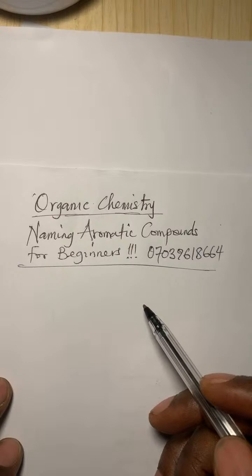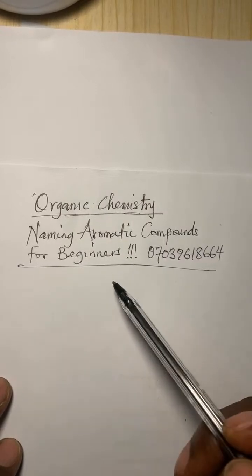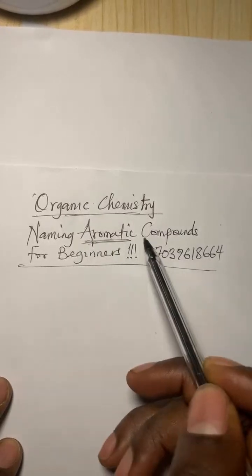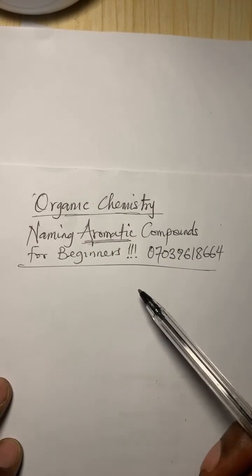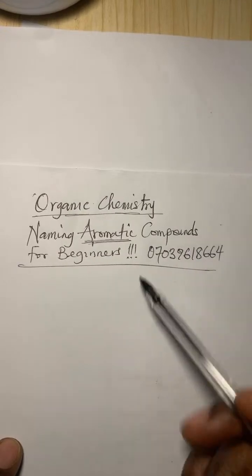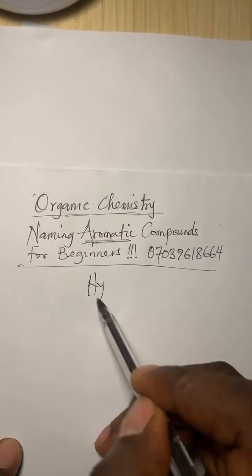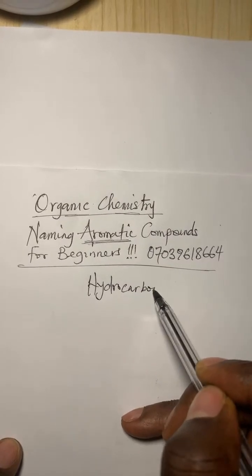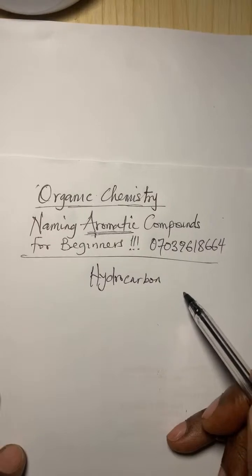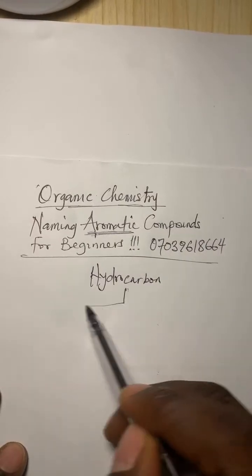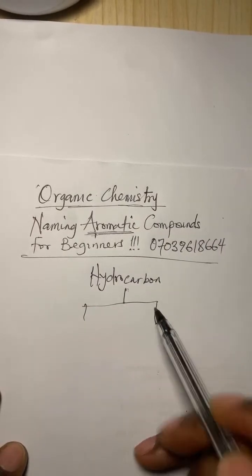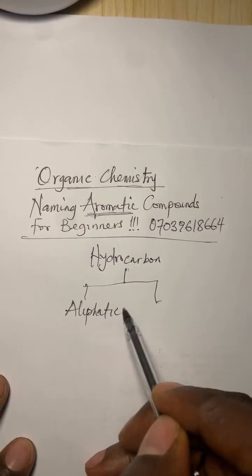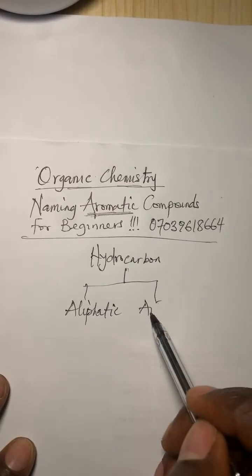All right, let's begin. Now, when we talk about aromatic, this is the focus for today's class. Remember, when you're talking about hydrocarbons, hydrocarbon is divided into two: the aliphatic and the aromatic.